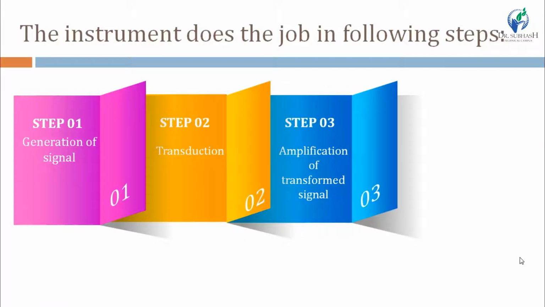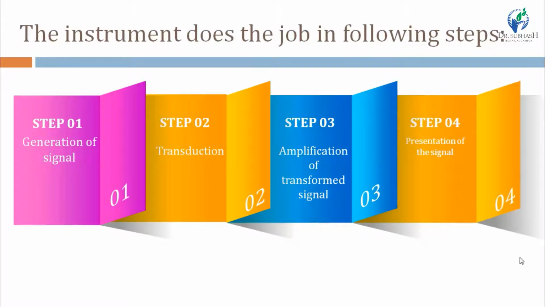Step 3 is, after transformation of the signal, the signal is amplified. Amplification means enhancement of sensitivity. After transformation, if the sensitivity of the signal is so low that it cannot be read by our readout device, then its sensitivity is enhanced by the process of amplification.